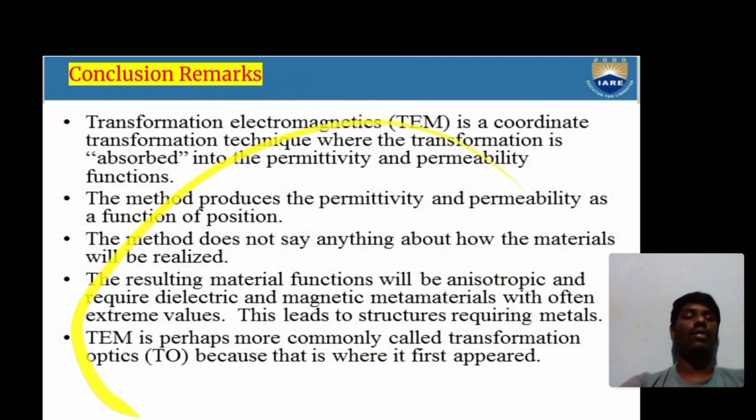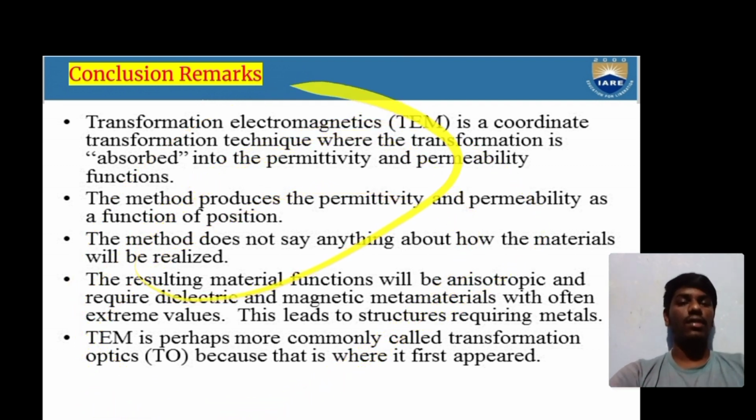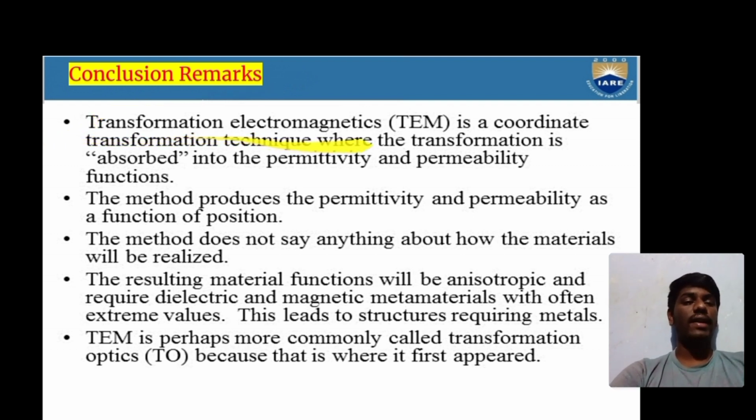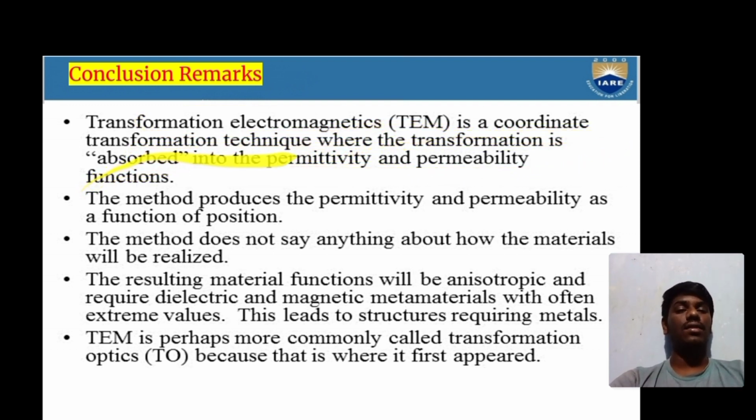Okay, we come to the conclusion of the Tech Talk video. What we learned till now: transformation electromagnetics is a coordinate transformation technique where the transformation is absorbed into the permittivity and permeability functions.